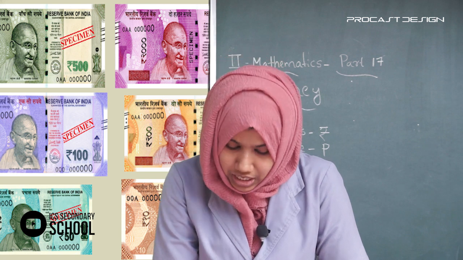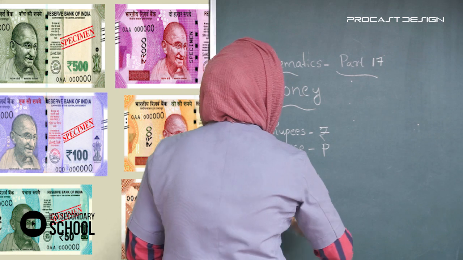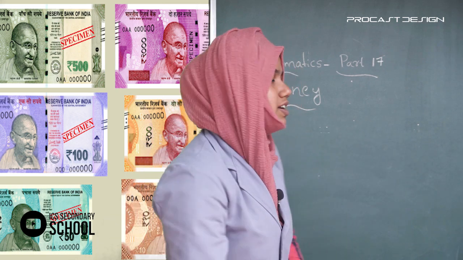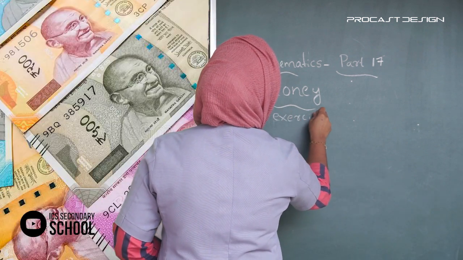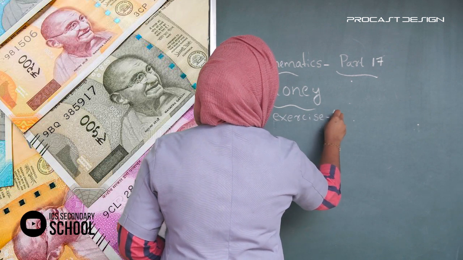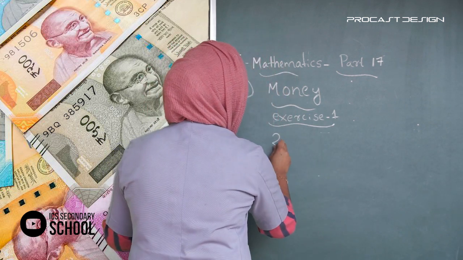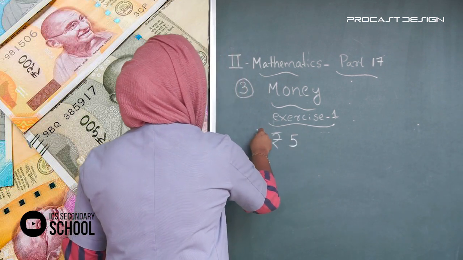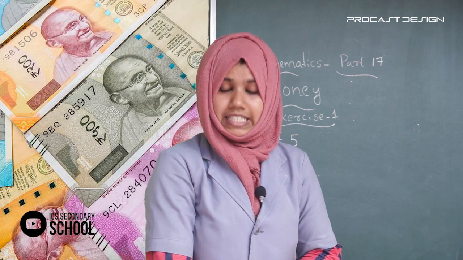The first one is 5 rupees, so we write rupees 5. Next, the second one is 10 rupees.